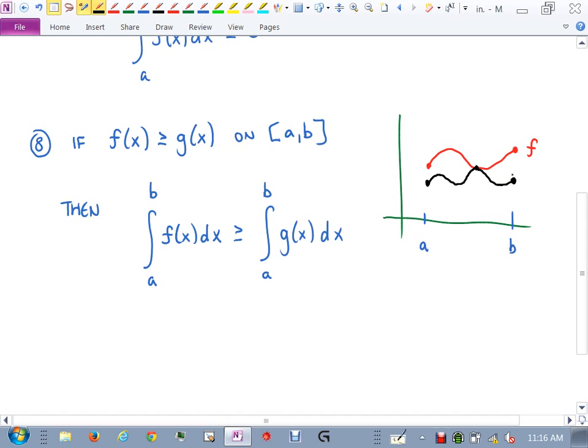Right? That f is always greater than or equal to that g on this interval. Then the area under the red one is greater than or equal to the area under the black one. Yes? That's the geometric idea here.